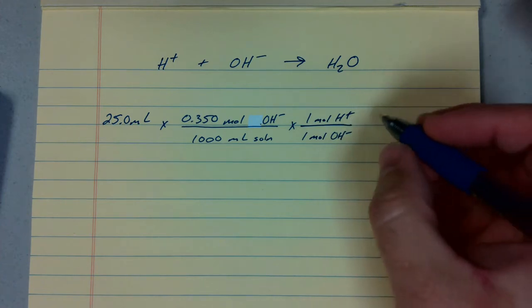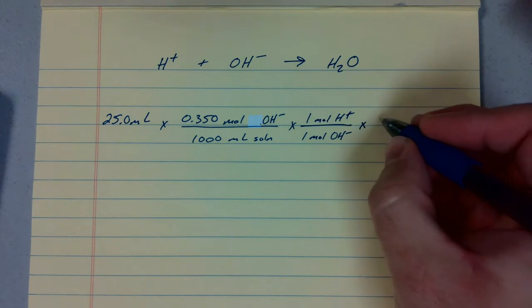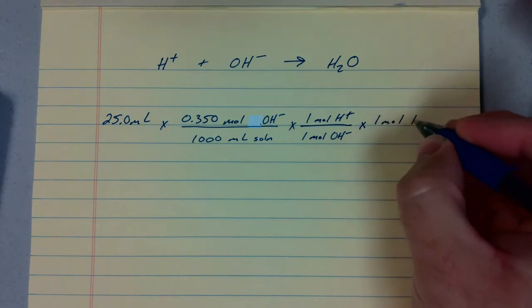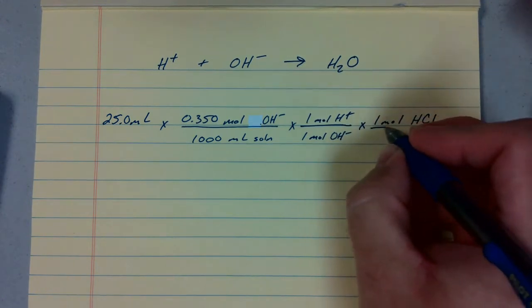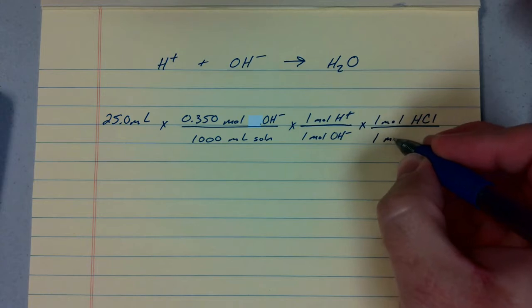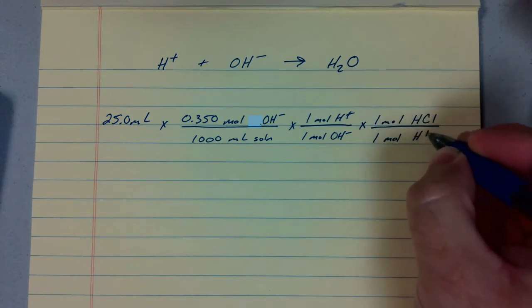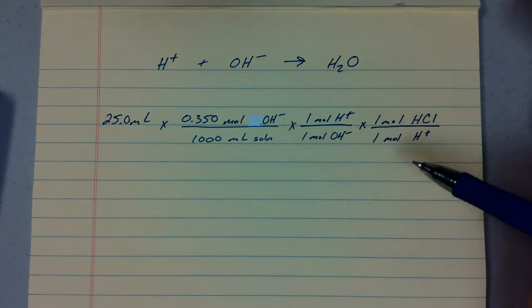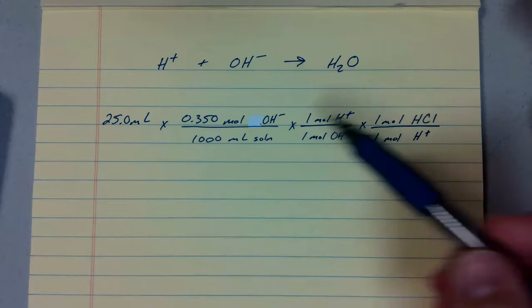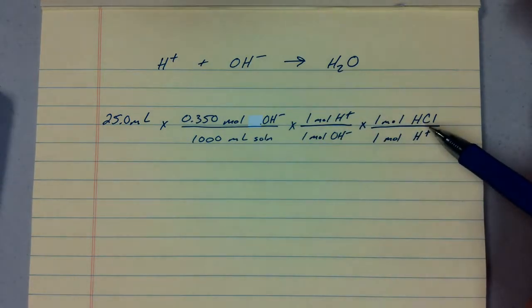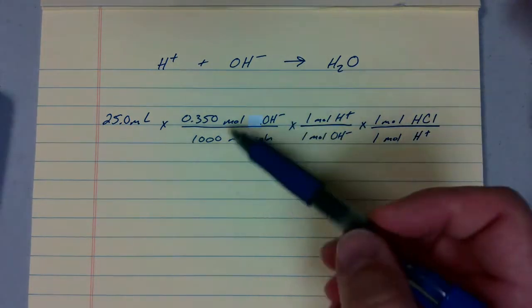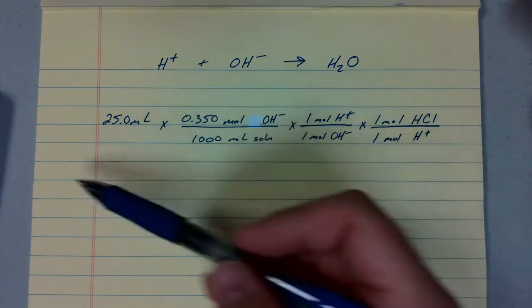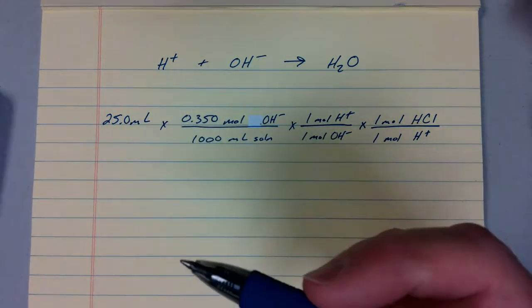And ultimately the question's about hydrochloric acid, so I'm going to go ahead and convert to HCl molecules, even though I wouldn't necessarily have to do this, because the stoichiometry on this one's pretty easy and the ratios are 1-to-1 ratios. But this gets me how many moles of HCl I need to completely react with all of the hydroxide in this solution to take this reaction to completion.